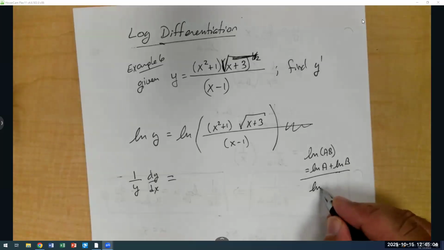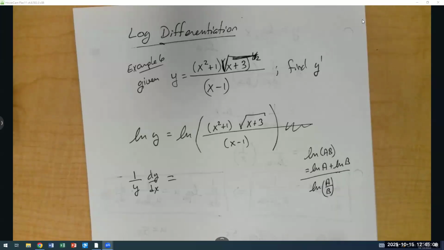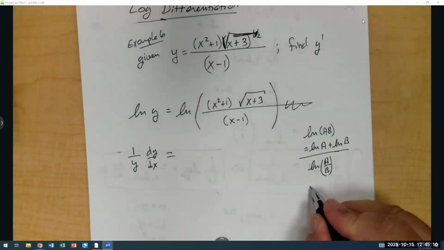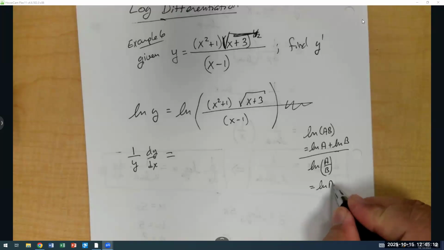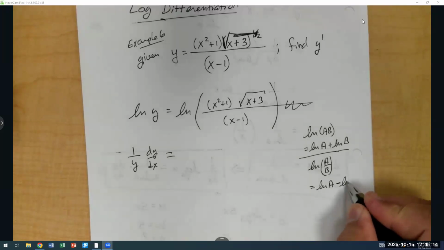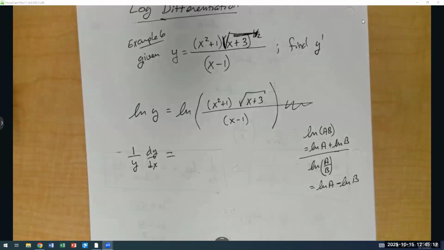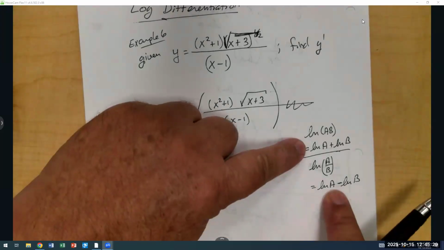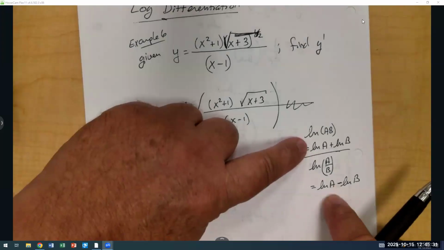Another property says if I take the quotient of two terms, I can split those up, but whatever's on the bottom gets a minus. And that's all because the bottom, if you bring it to the top, it has a negative exponent. Well, let me show you what this means.